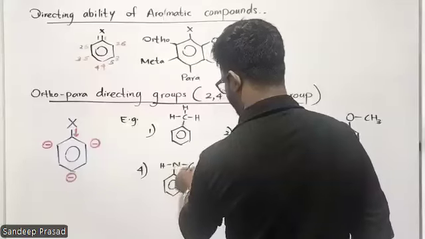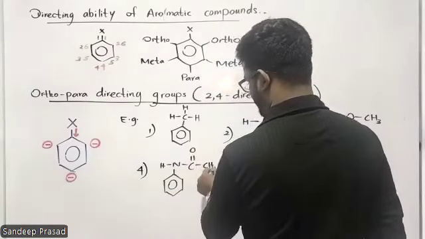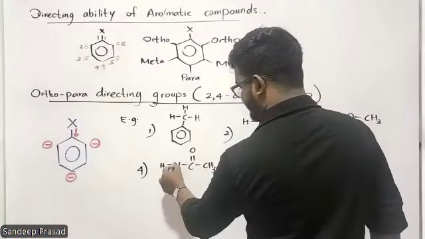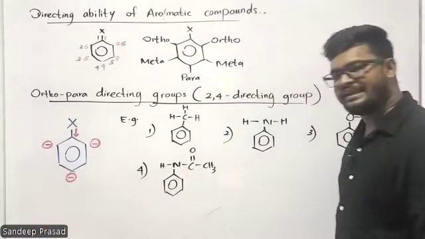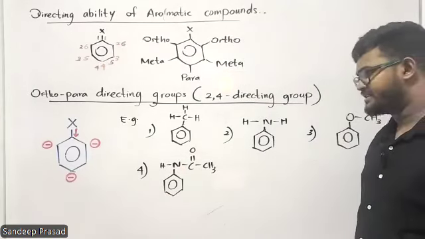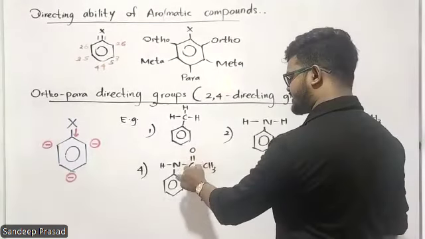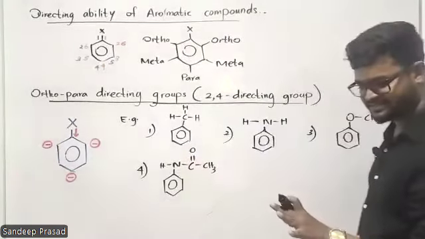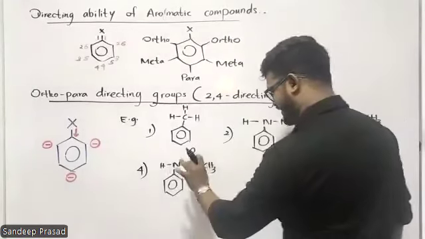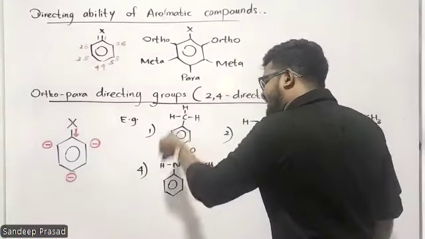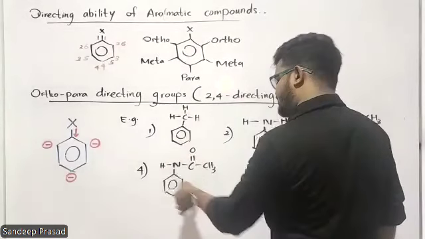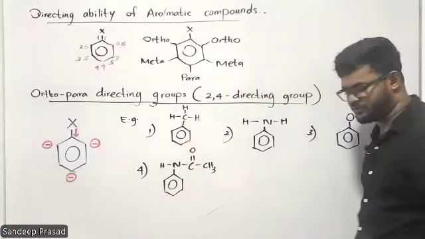NH, C double bond CH2. Nitrogen is the atom which is connected to the benzene ring directly. So that nitrogen atom doesn't have any double bonds or triple bonds. But remember, the next carbon atom is having a double bond. So that's a different case. I told you that the atom which is directly connected to the benzene ring should not have any double bonds or triple bonds.